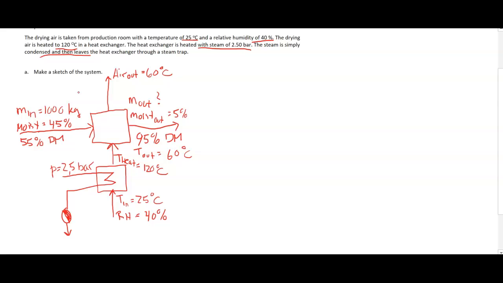We need, in order to make further calculations, we also need a table of all the values that we are going to use for the further calculations. So if we make a table here where the condition for air in, the conditions for heated air, and for conditions for out.